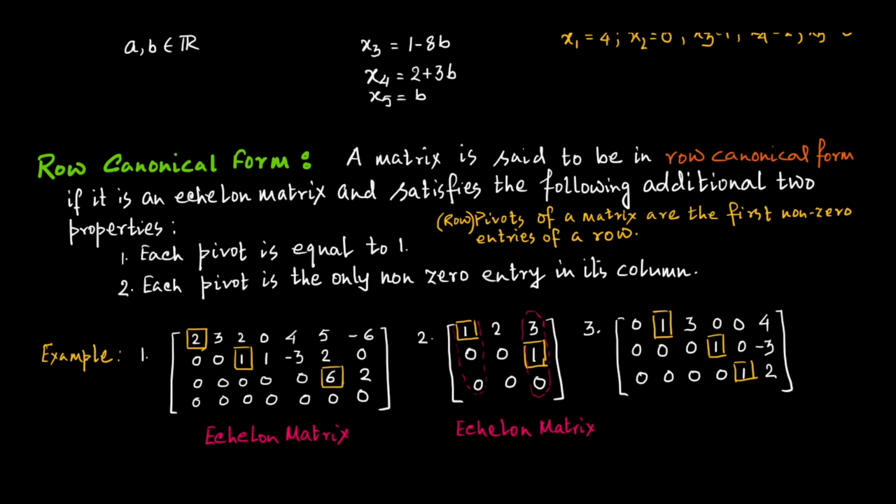And if you look at the columns containing the pivots, you can understand that the pivots are the only non-zero elements in that column. So this matrix is an echelon matrix, and not only that, this satisfies the two additional requirements also. So this third matrix is in row canonical form.